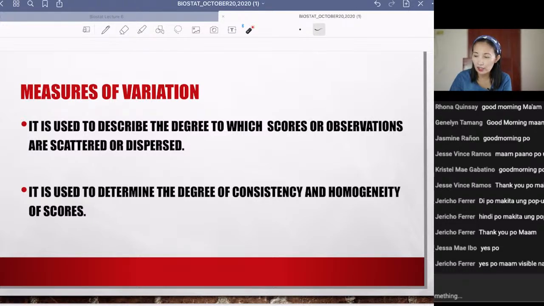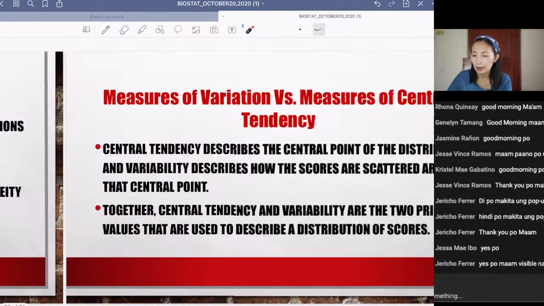Range. Okay? Now, your measures of variation or dispersion determine the degree of scattering. How far apart are the scores? Dispersion.